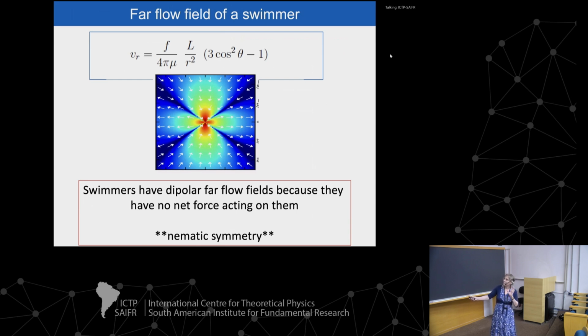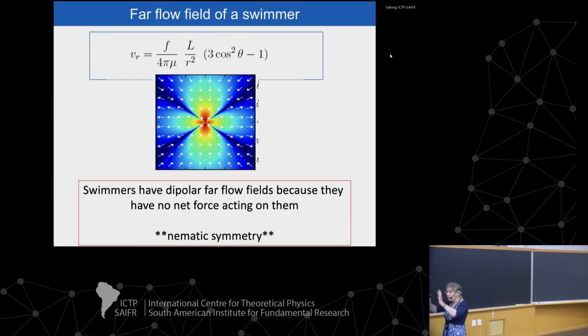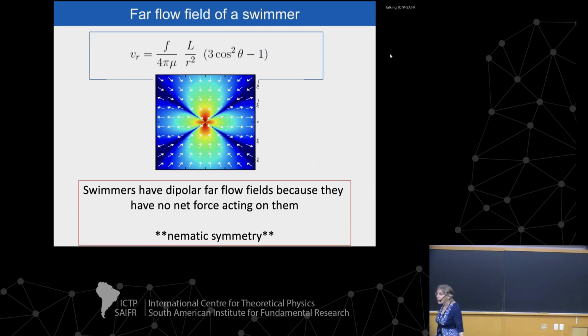It's got nematic symmetry. And it has, doesn't it? Because this is a special direction, but that way and that way are the same as each other. So the far flow field around a swimmer, the field a long way away, has nematic symmetry.